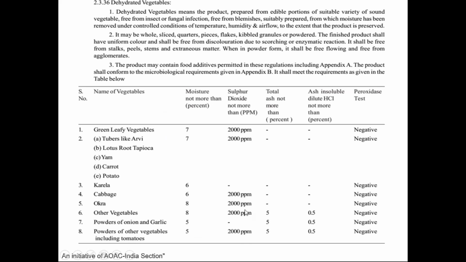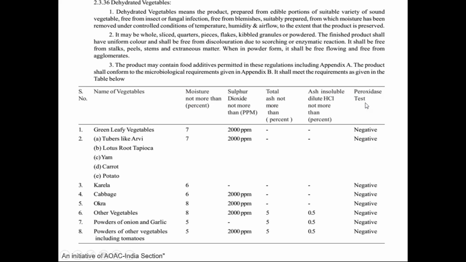It also tells us sulfur dioxide is used as a processing aid and as an additive. What are the levels it could be added at? It tells us what are the levels, safety, the ash content. It also has a process known as the peroxidase test.